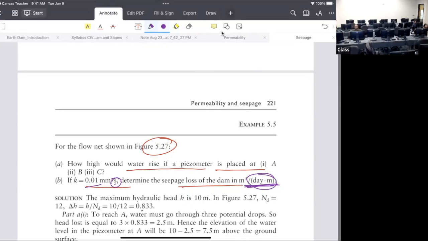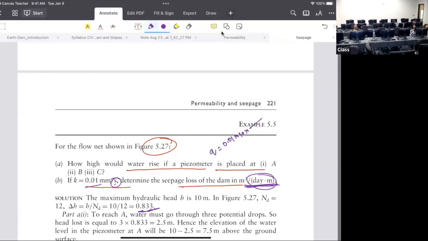Oh, this number is not 0.8, it's 0.833. We have the same numbers, but we simplified it. Anyway, so our Q equal to K, 0.1, into H. What is H? 10 multiplied by NF over ND, number of flow lines.